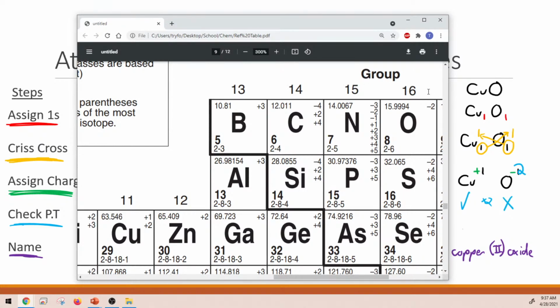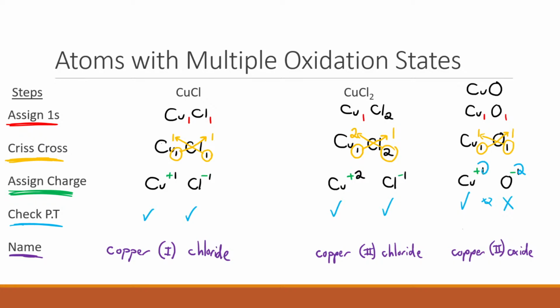It doesn't have a -1 listed here. So I need to double it. But if I double one, I must double the other. Whatever I do to change one of them, I must do to change the other one as well. And that makes both charges match the periodic table, which brings us to our name of copper-2 chloride.